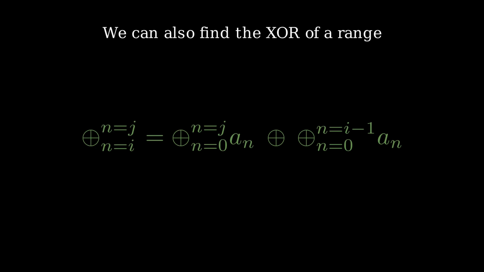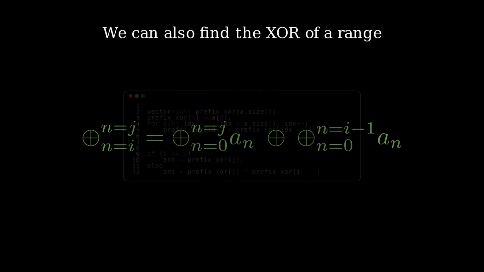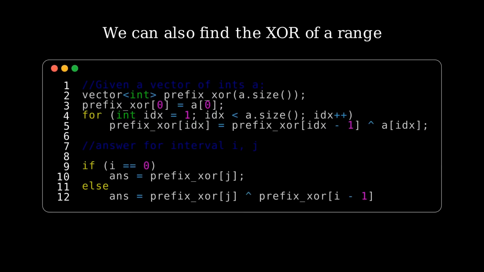So all the values between 0 and i minus 1 will be XORed with the values between 0 and i minus 1 from the first sum, and they will simply cancel out to leave us with only those values between i and j. So in terms of code, it is pretty much identical to the two previous ones.